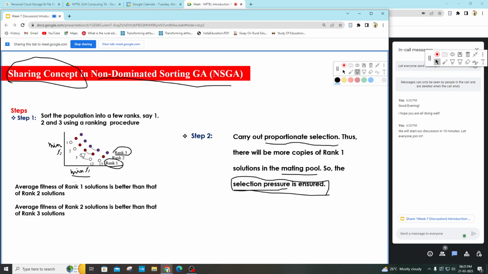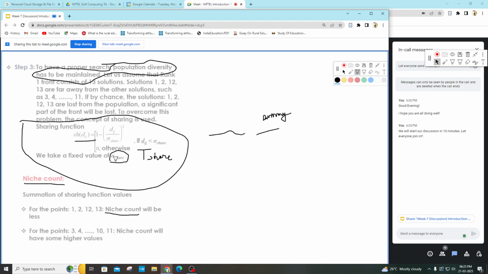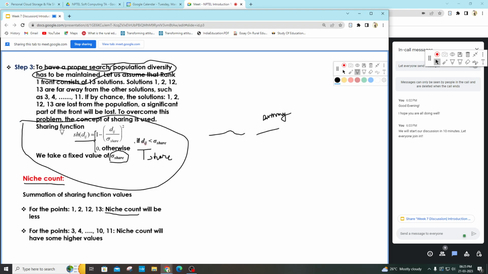You can see that points 4 to 12 are surrounded by a greater number of neighbors, whereas 1 to 13 are very far away, so they do not have that many neighbors. The sharing function has this formula: the sharing function of d_ij, where i is one point and j is another point, and d_ij is basically the Euclidean distance between these points. So the sharing distance you can calculate by this formula.